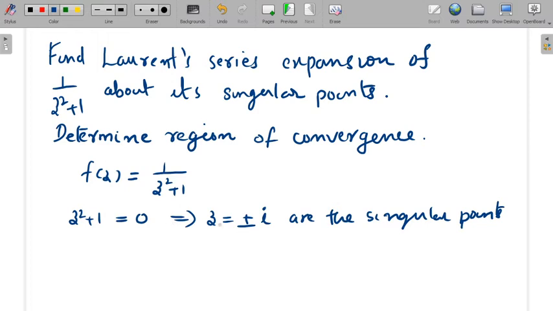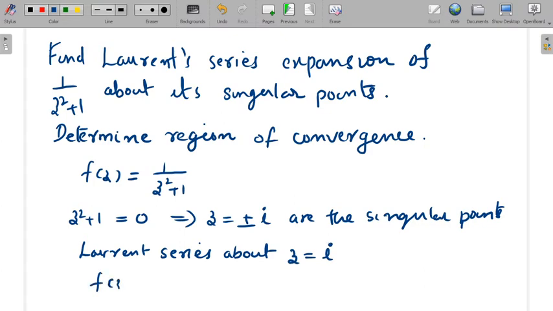And hence we are going to expand the function about these points. So first let us find Lorentz series about z equal to I.